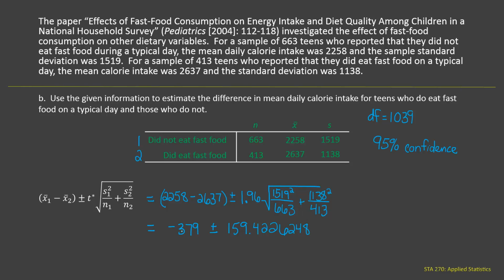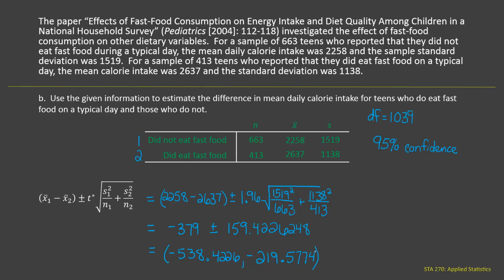So if we take negative 379 minus that 159, we get approximately negative 538.4226. And then if we take negative 379 plus that 159, we get negative 219.5774. So there's the confidence interval estimating this difference.